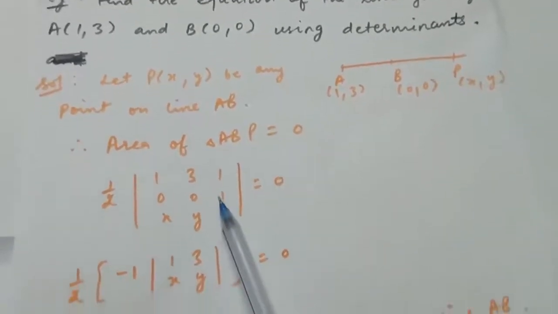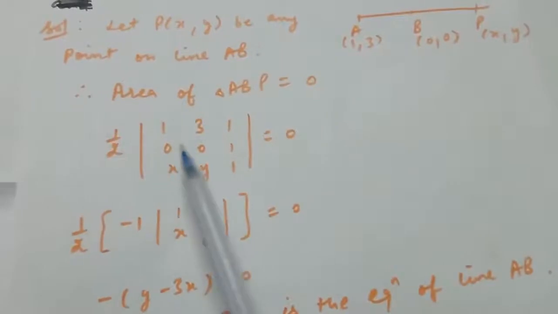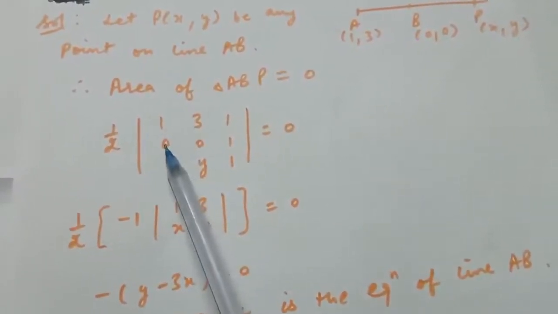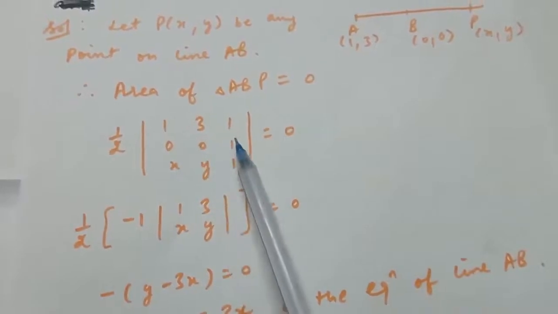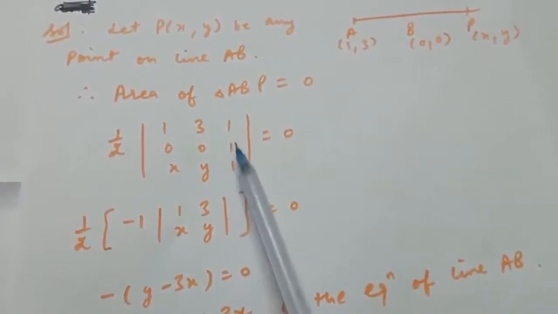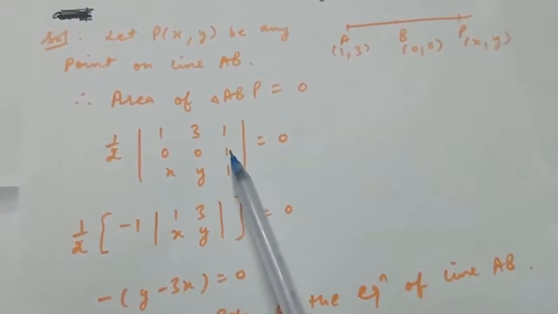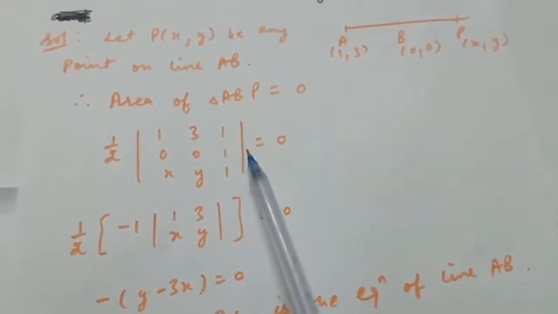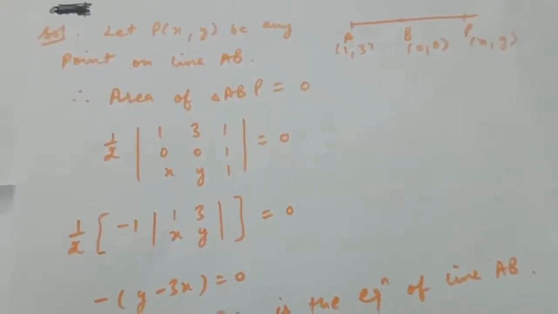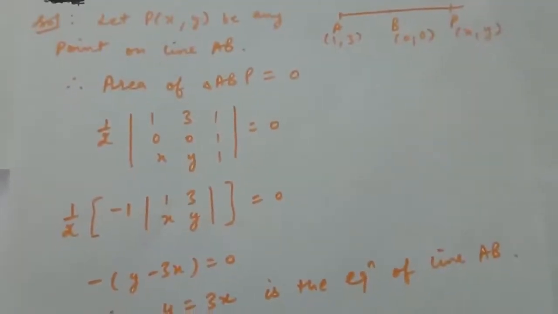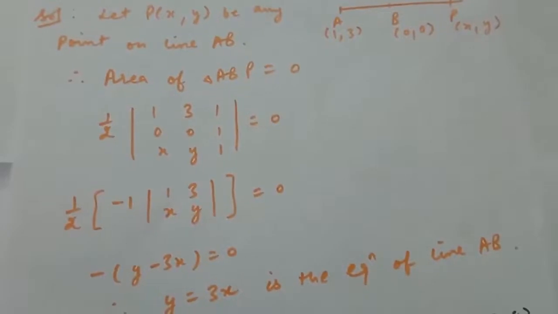Now expand this determinant along the second row because it contains the maximum 0s. These two are already 0. So consider this third element 1, which will get multiplied with minus 1 because this is a 2 3 element, right? Minus 1 raised to the power 2 plus 3 is minus 1 raised to the power 5, which is minus 1.